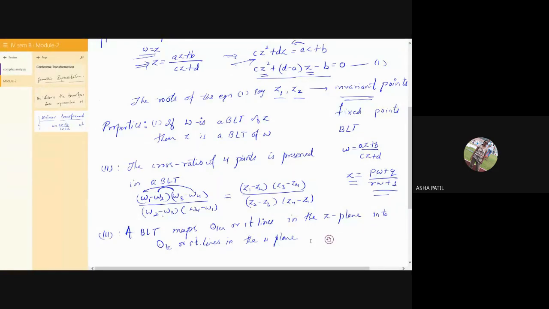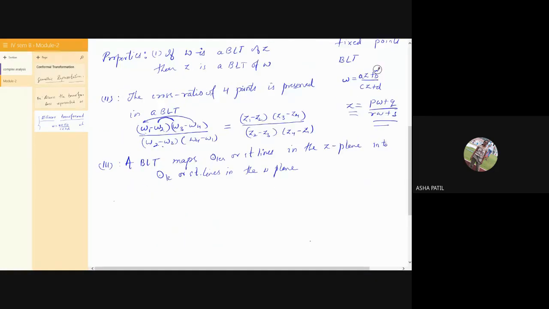This mapping of circles, we have seen already the mapping. When you went through different functions, that is W equal to e raised to z, W equal to z square and all, you have seen circles and straight lines mapping onto circles, or even straight lines mapping onto parabolas, ellipses and hyperbolas. But that is not the case in bilinear transformation.